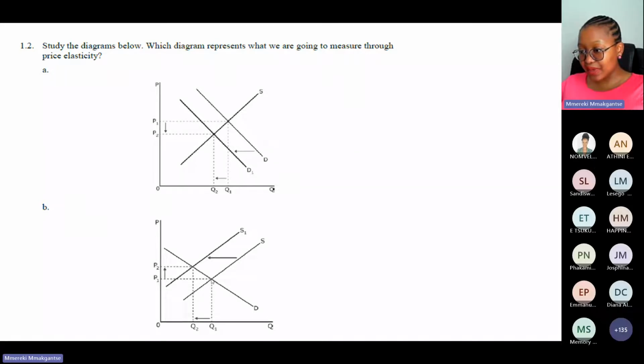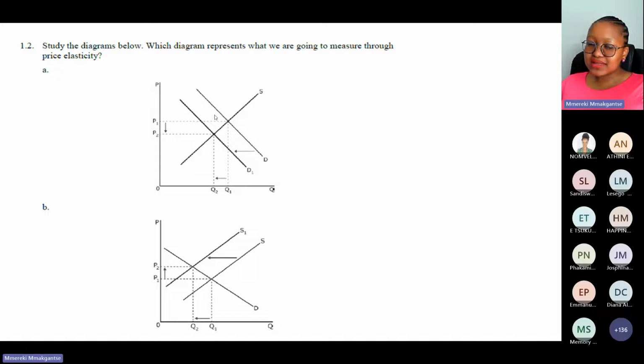Initially we were at P1, Q1. Now there's a movement along the curve, which leads to a decrease in quantity demanded. It is this impact of a change in price on quantity demanded that we will measure.